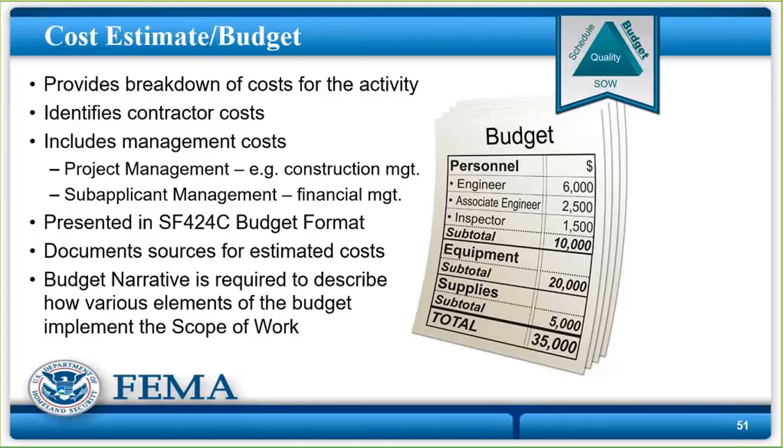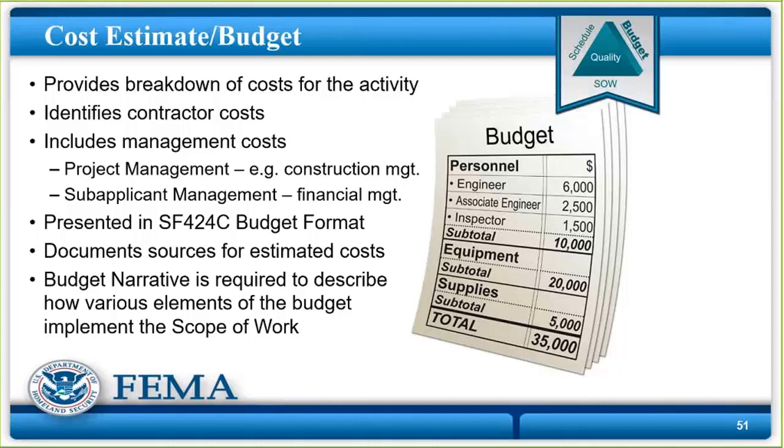It's called sub-applicant management costs, and it's a 5% cap. So you take your total project cost of $100,000 and you get an additional $5,000 for sub-applicant management costs. And that is for your financial staff that pay the bills, draw down the money, file the quarterly reports, file the closeout package. Okay, so that's called administrative expenses. Okay, enough said on that.